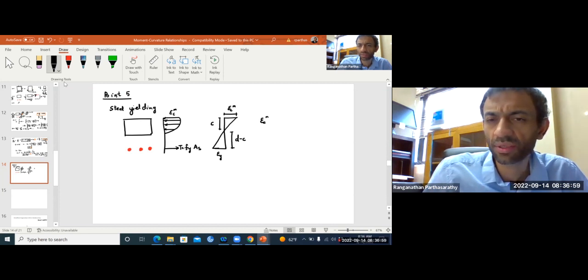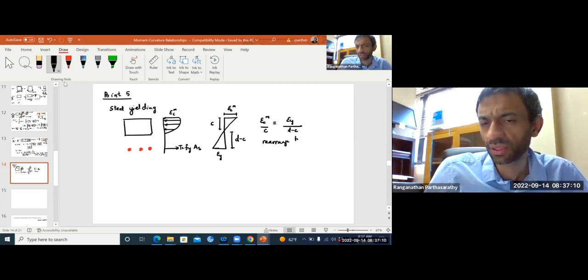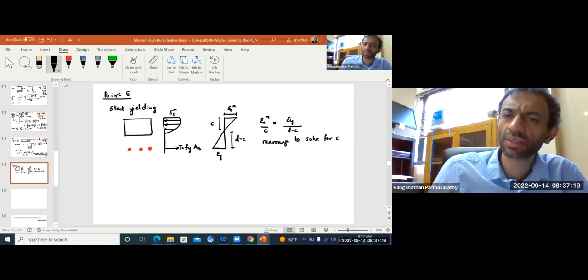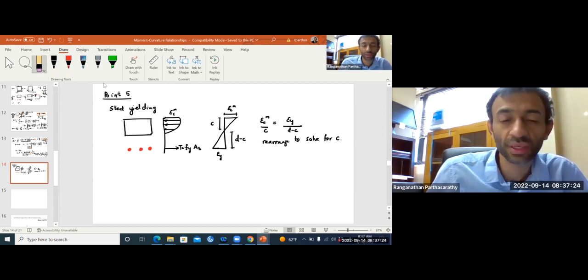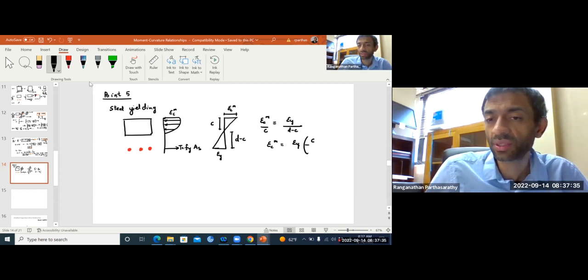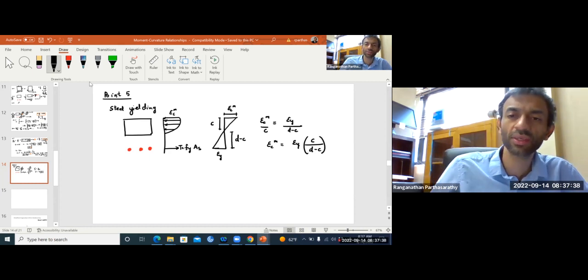Taking similar triangles, epsilon Cm over C is epsilon Y by D minus C. Now rearrange to solve for epsilon Cm in terms of C: epsilon Cm equals epsilon Y times C by D minus C, okay?